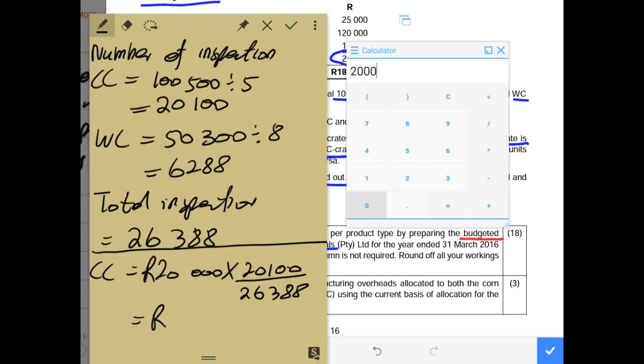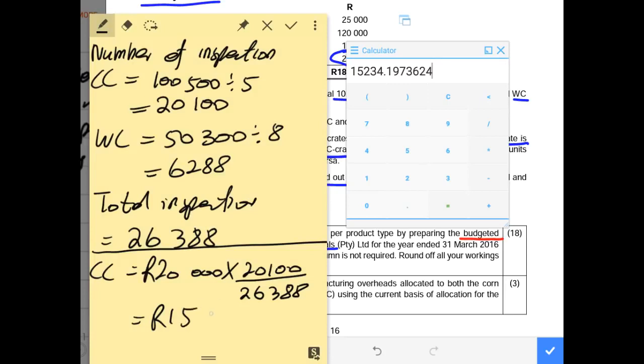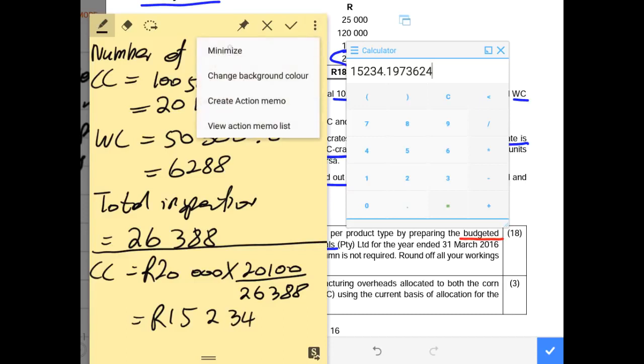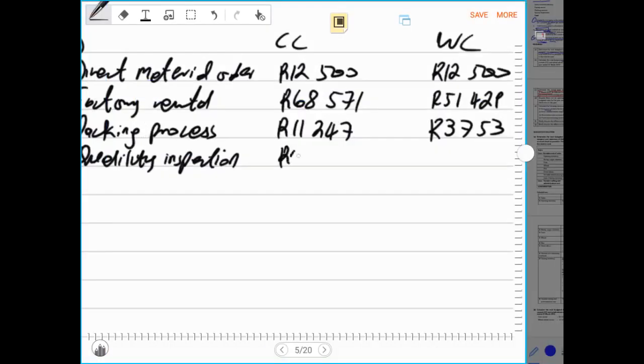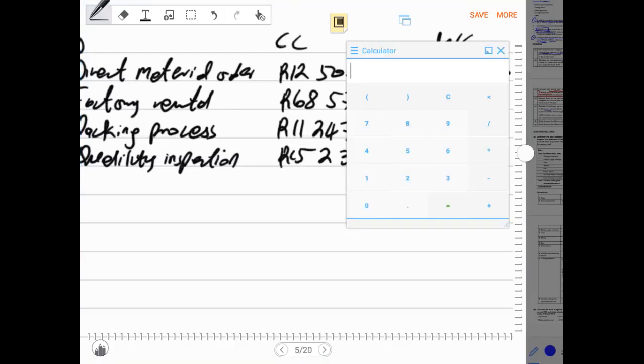Times that by 20,100, divide this by 26,388, and this gives me 15,234. 15,234 is the allocation for the first product.